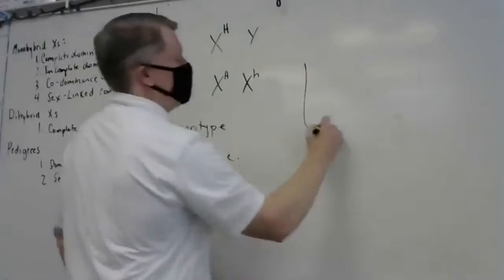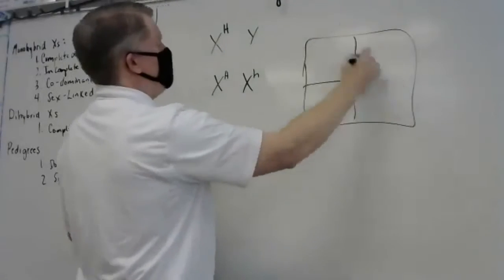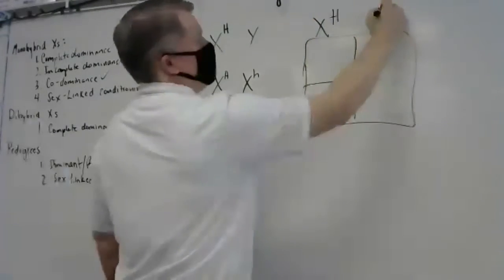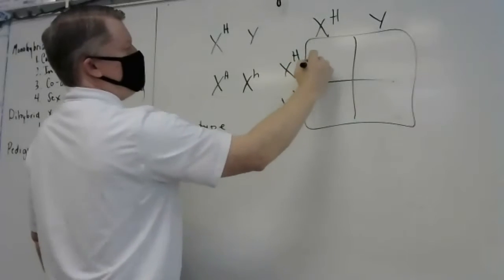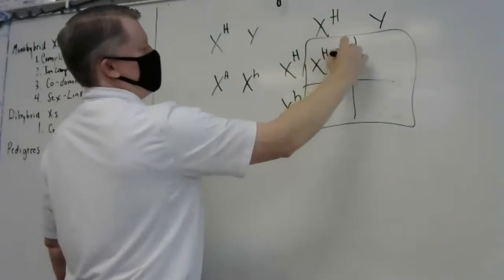Okay. So let's do the cross. Again, we must show the X and Y chromosomes. So I'm just going to do this up here. You can double check. You can do it on your own.